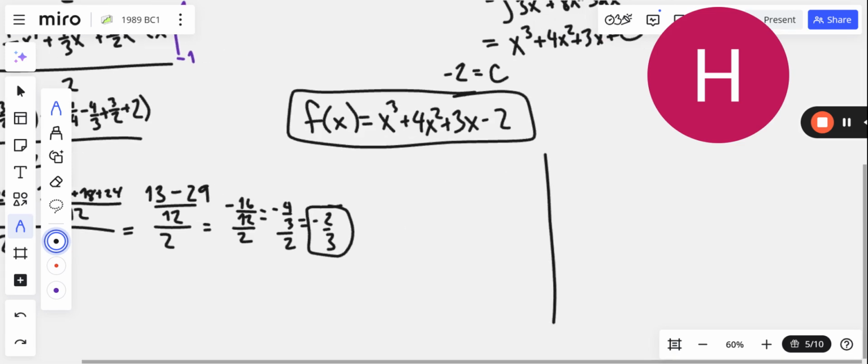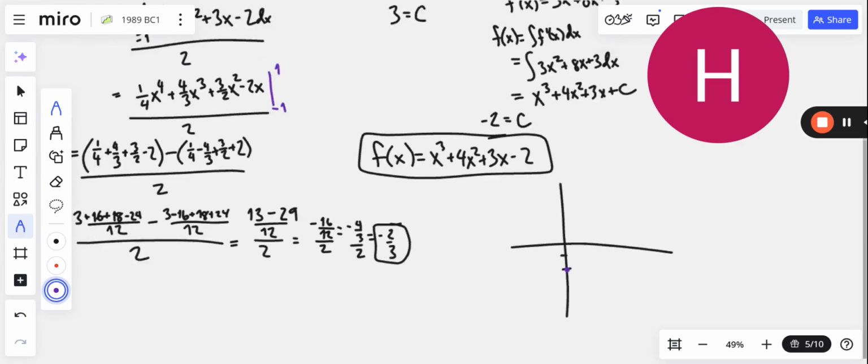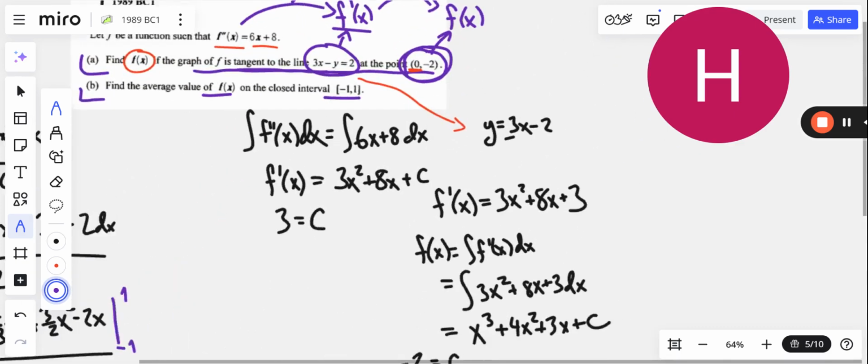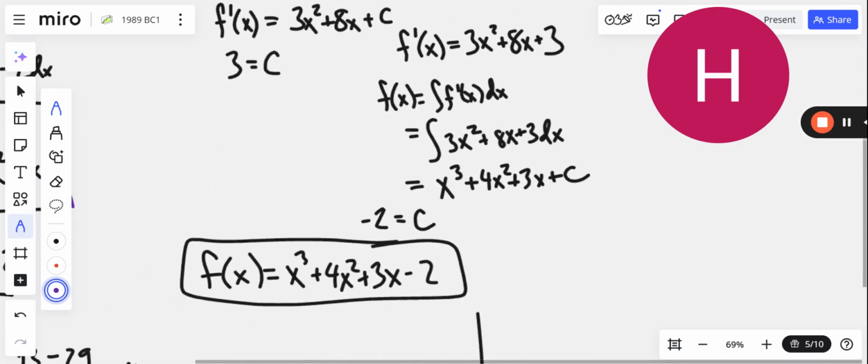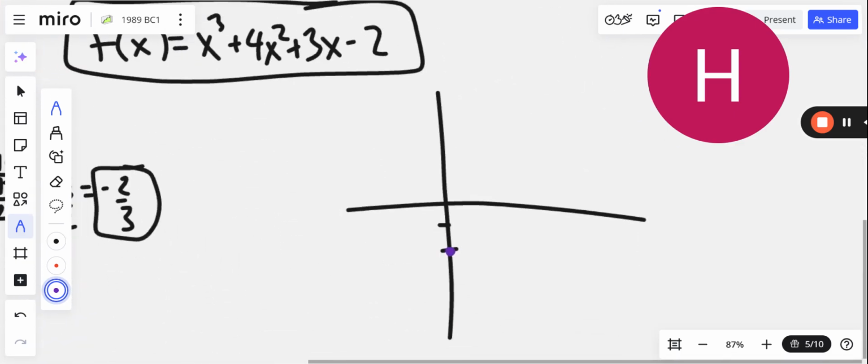I just know that it has some kind of a y-intercept here at -2. And I also know that the slope is 3 at that point because it's tangent to this line. So it's going upwards in some sense. But see how it's still in the negative space.